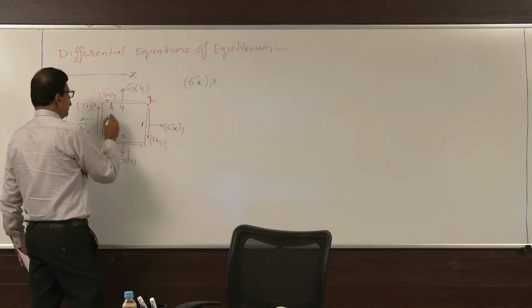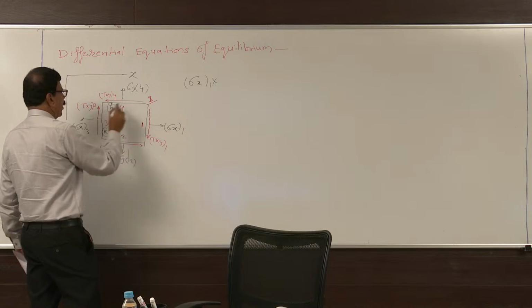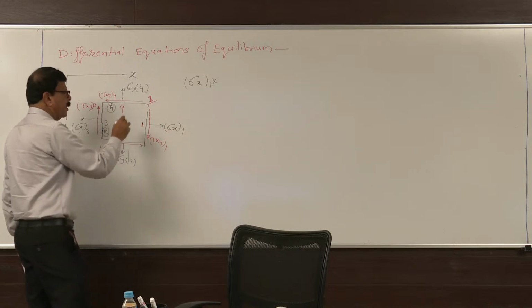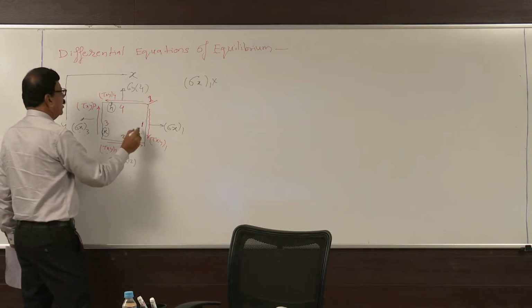This is k, this is h, so this is also a rectangle.